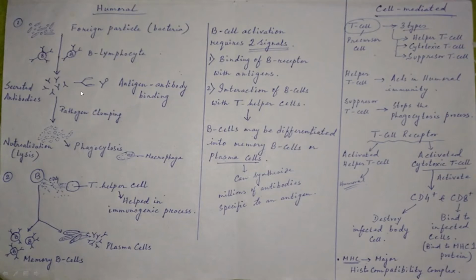After this antigen antibody binding, antibodies neutralize the antigens or the foreign particles, and cell lysis takes place. And this process is called phagocytosis. Phagocytosis means engulfing the pathogen. So a cell is engulfing the foreign particle and neutralizing that particle.